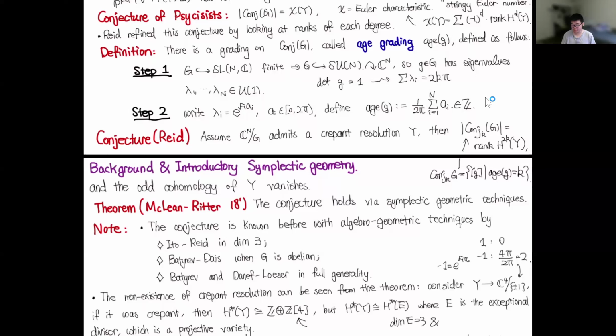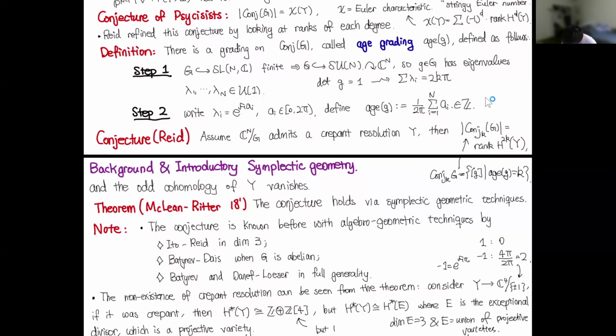And because you are doing this kind of blow-up procedure, E is a union of projectives. Projective means compact, and each component is a smooth compact manifold. So if you look at the cohomology, there should be at least a non-trivial H6. So that's a contradiction.